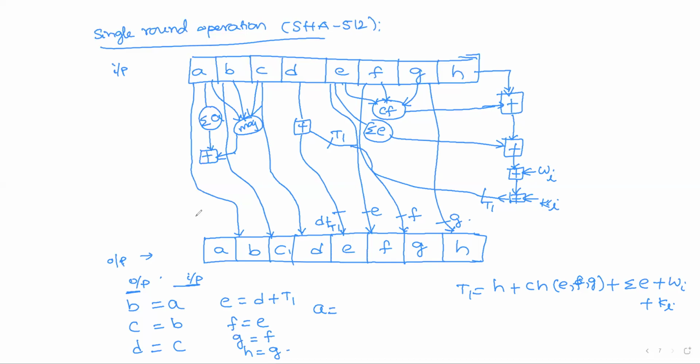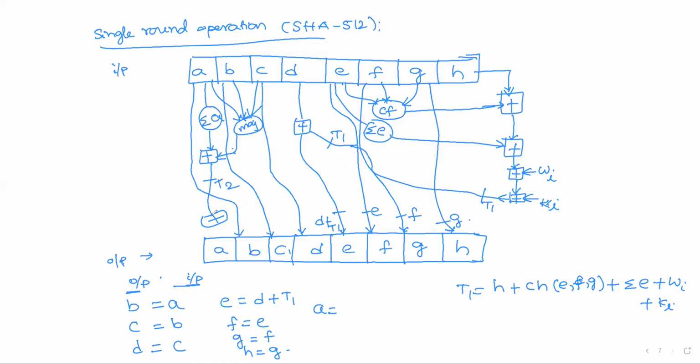The output of the majority function is one operand for this addition modulo 2 power 64 operation. These two here are producing T2.